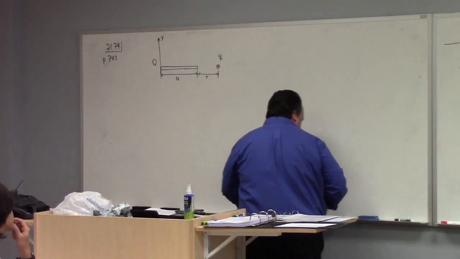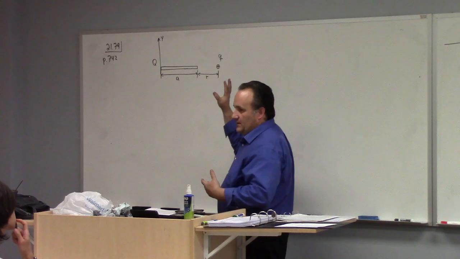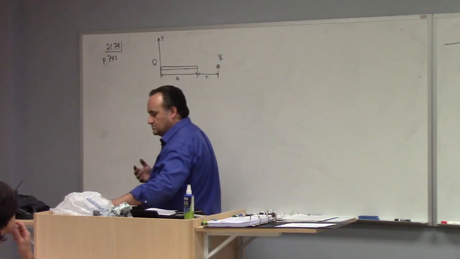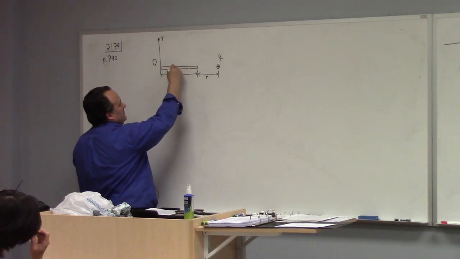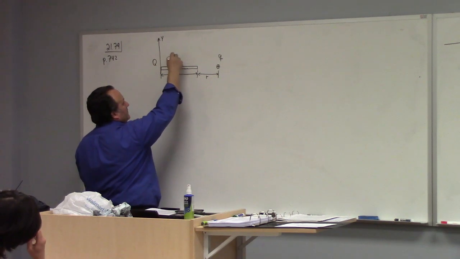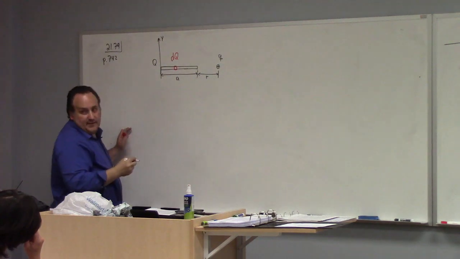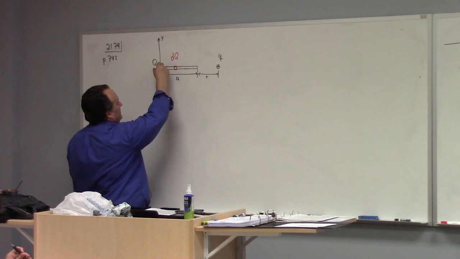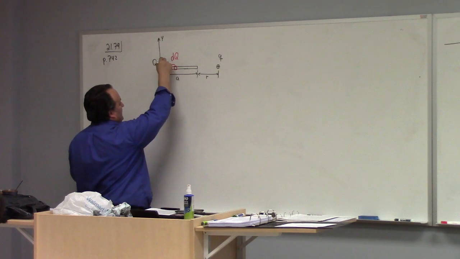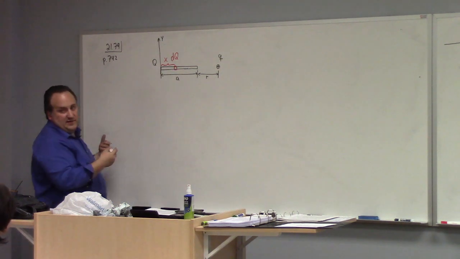So the way we do this is we think about chopping the charge. I think about an infinitesimal little bit of charge here, dq. I need to come up with a coordinate, so I'm just going to say x is the natural coordinate to use. dq is at x.